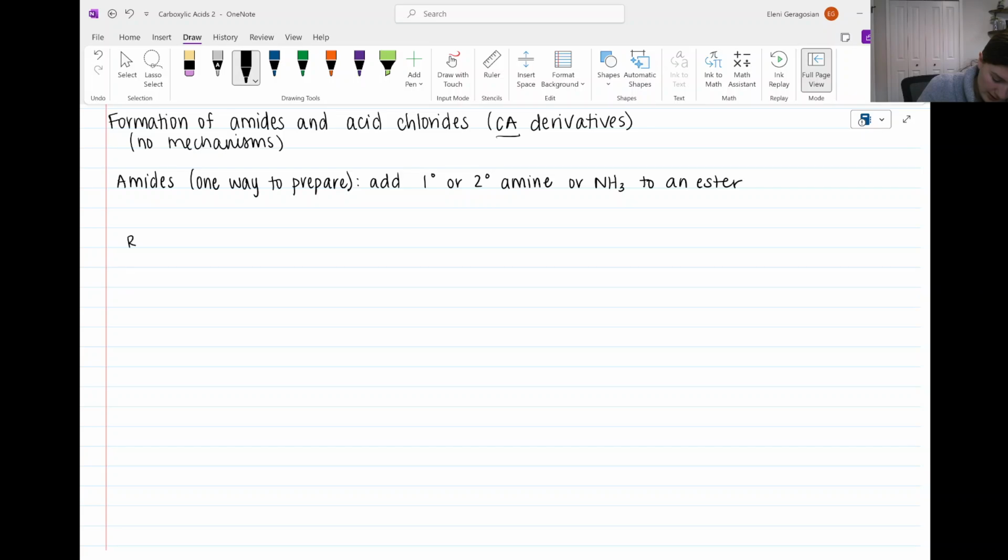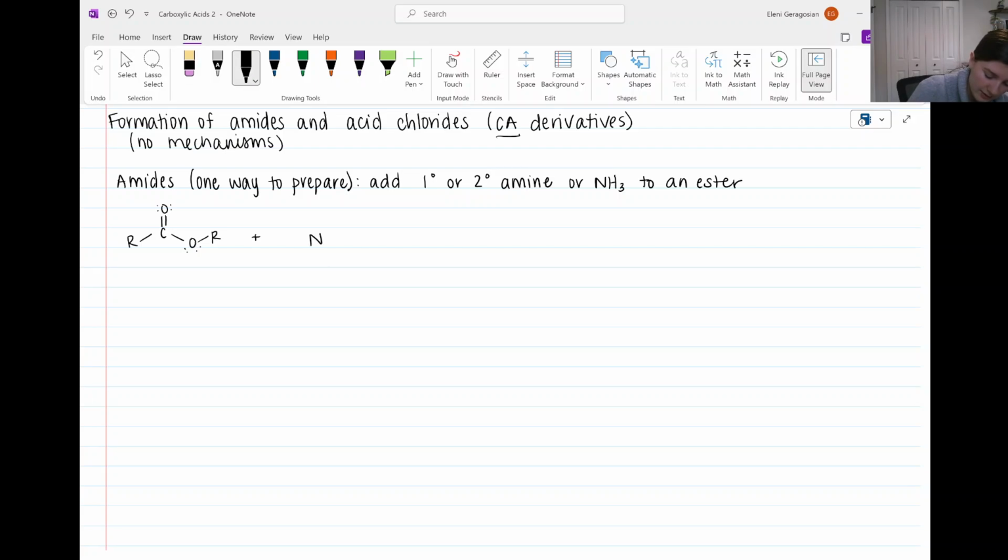So let's look at the general scheme. If we start with an ester, so a carboxylic acid derivative, ester functional group, the one oxygen is bonded to another carbon chain. If we add in a primary or secondary amine, let's write out the structure here.